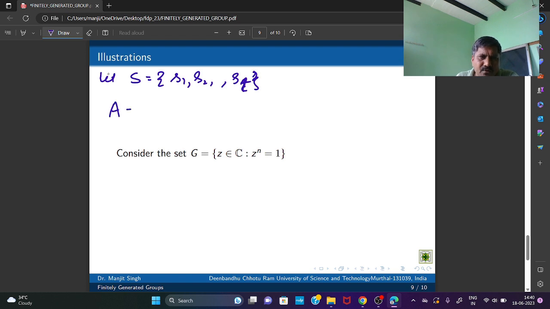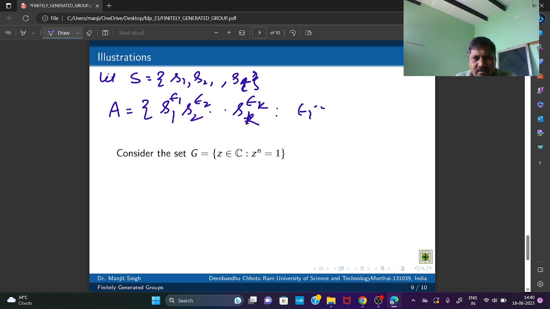We can form a set A of elements of the type s1 epsilon 1, s2 epsilon 2, up to sk epsilon k, where each epsilon i equals plus or minus 1 and k is between 1 and T.